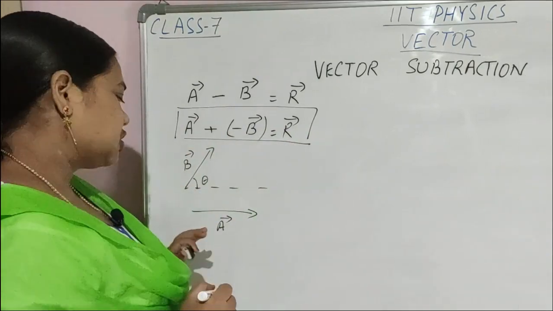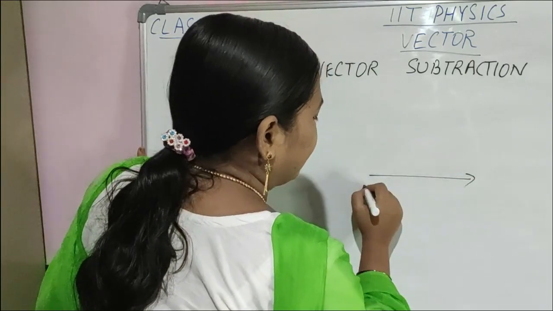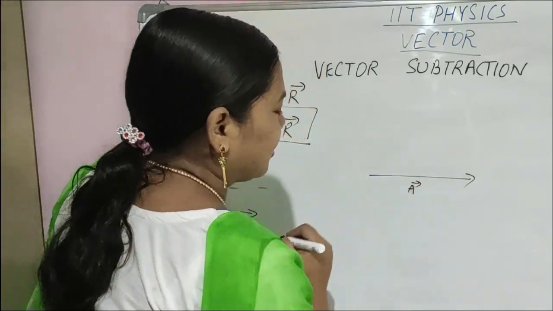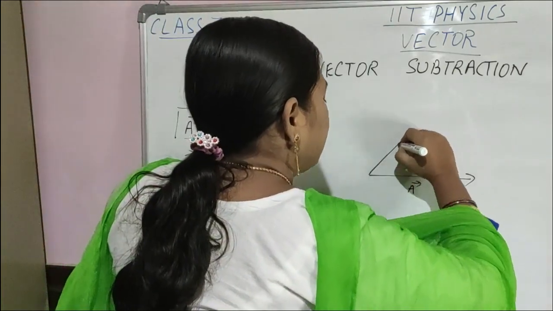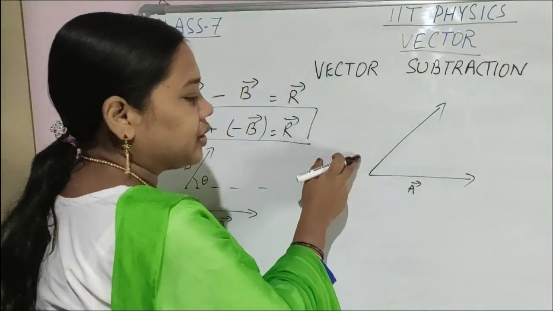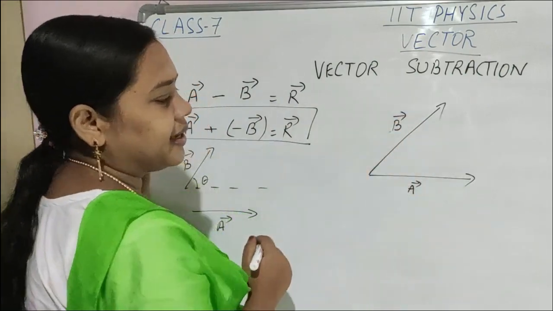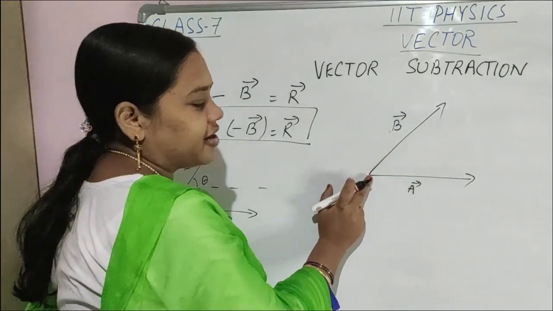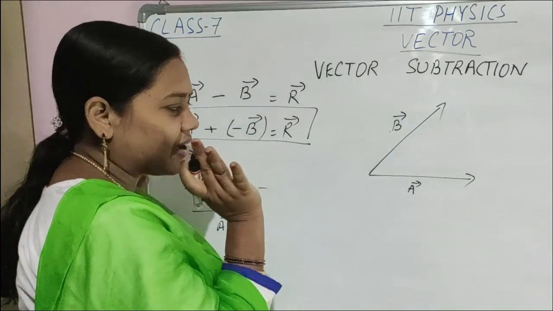Clear? So first we will write vector A. This is vector A. Then vector B. So how to add? Tail to tail. Both the vectors you have to add tail to tail. Tail of vector A is this. Tail of vector B is this. Like this, tail to tail you have to add.